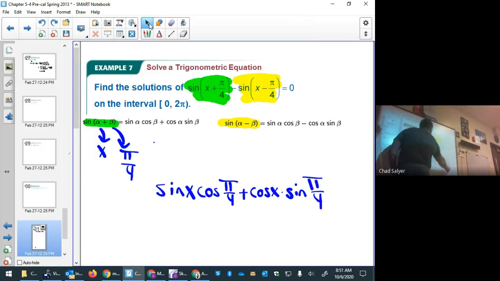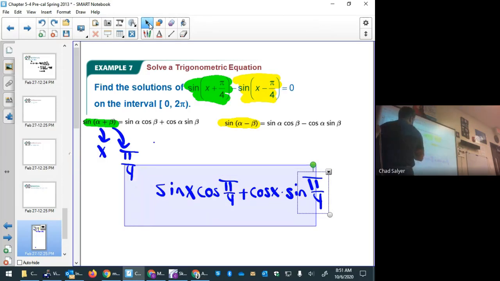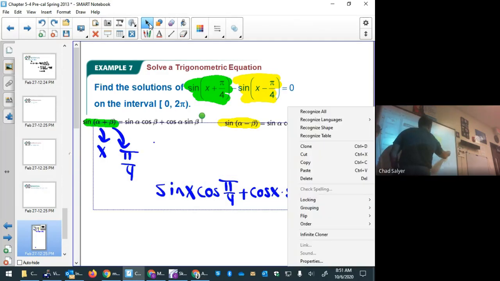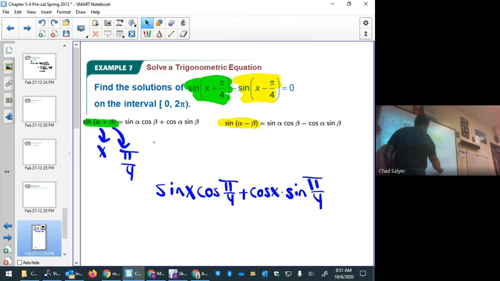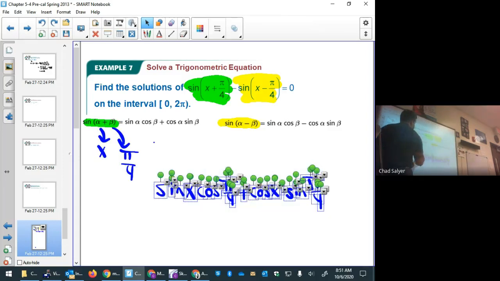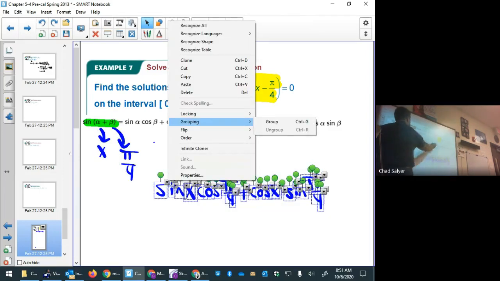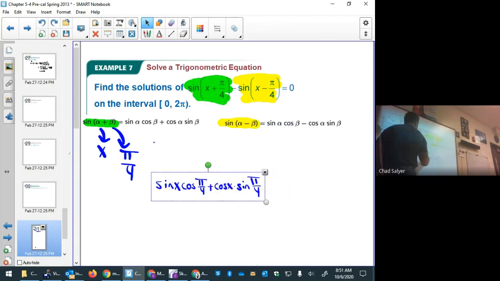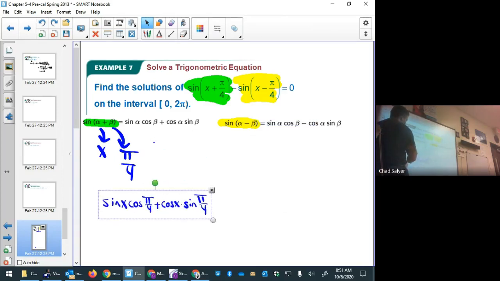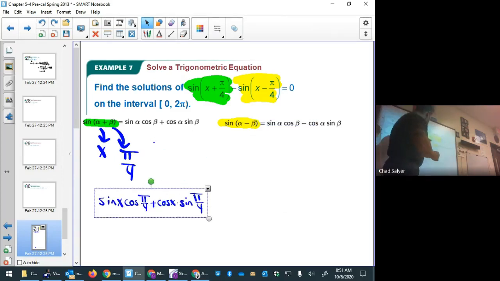So I'm going to shrink that down a little bit. So that comes from this part.